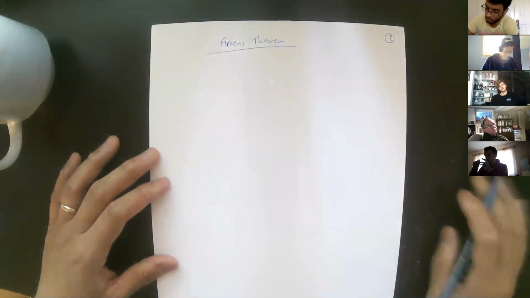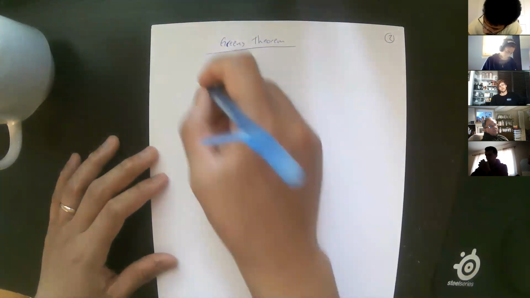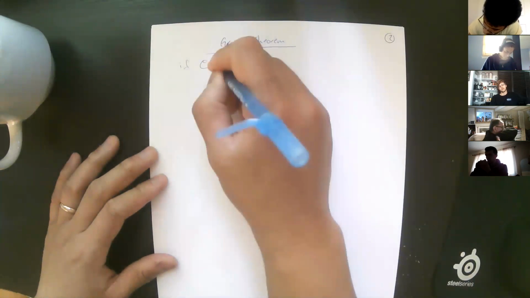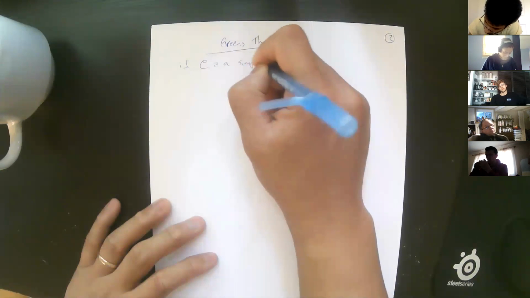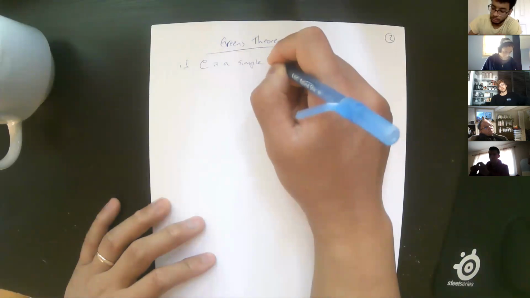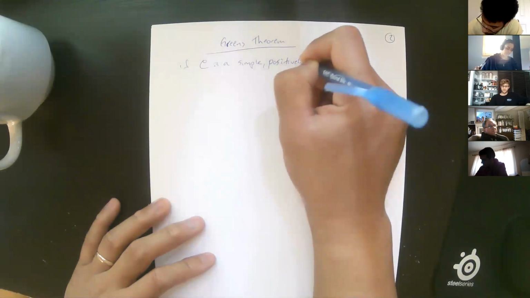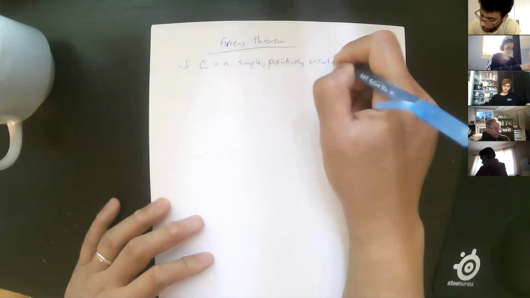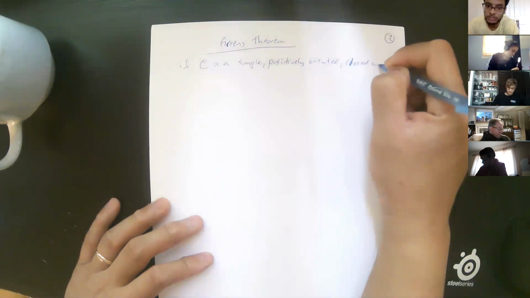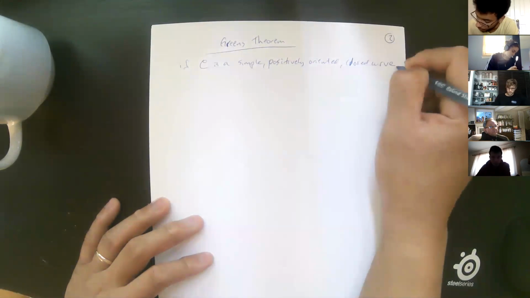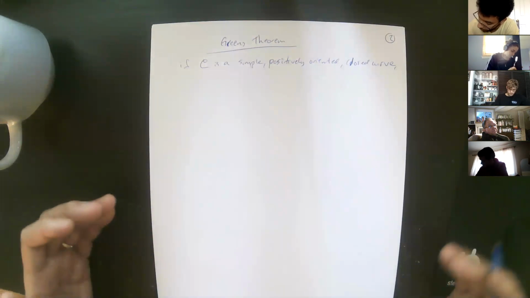Green's theorem. Well, it says if C is a simple, positively oriented, closed curve, it needs to be smooth too, but piecewise smooth.